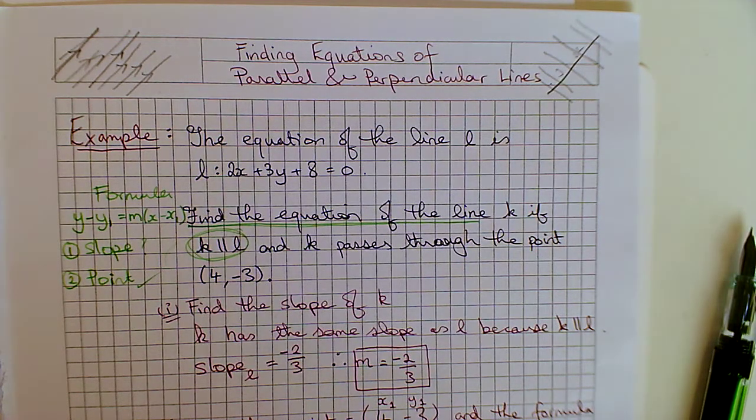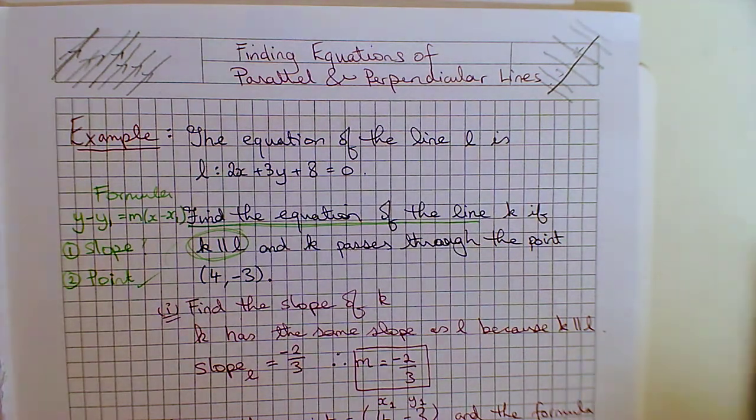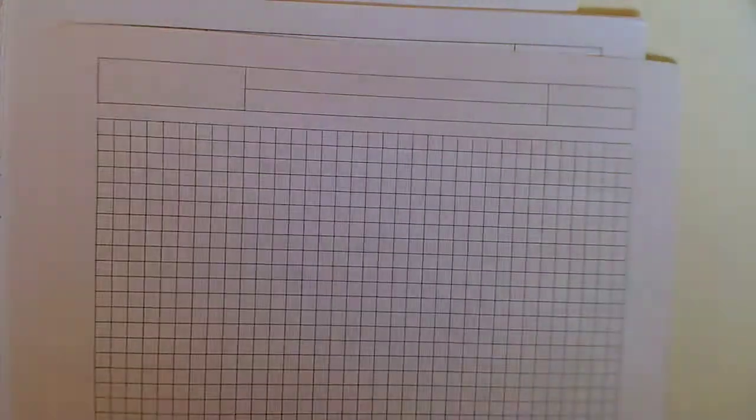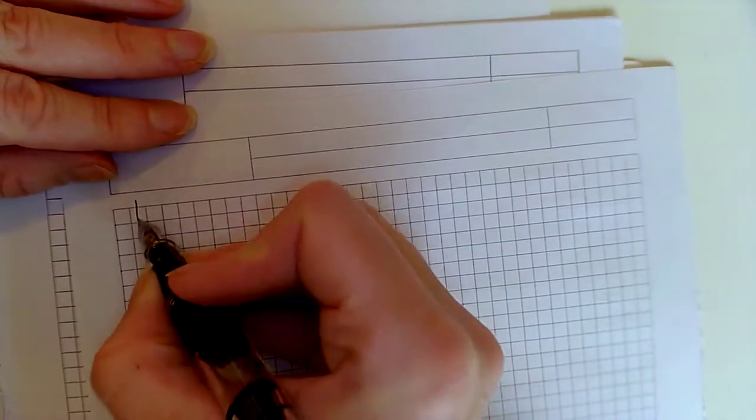I'm going to do one quick example with a perpendicular line. And I'm not going to ask you to practice with this today, just to take notes on it. And we'll do some practice with this when we come back from midterm. So example 2.